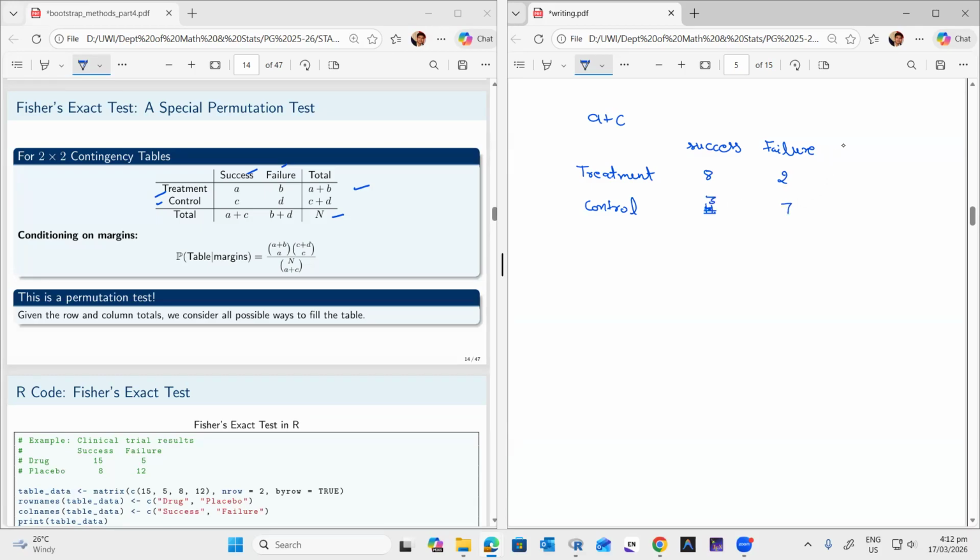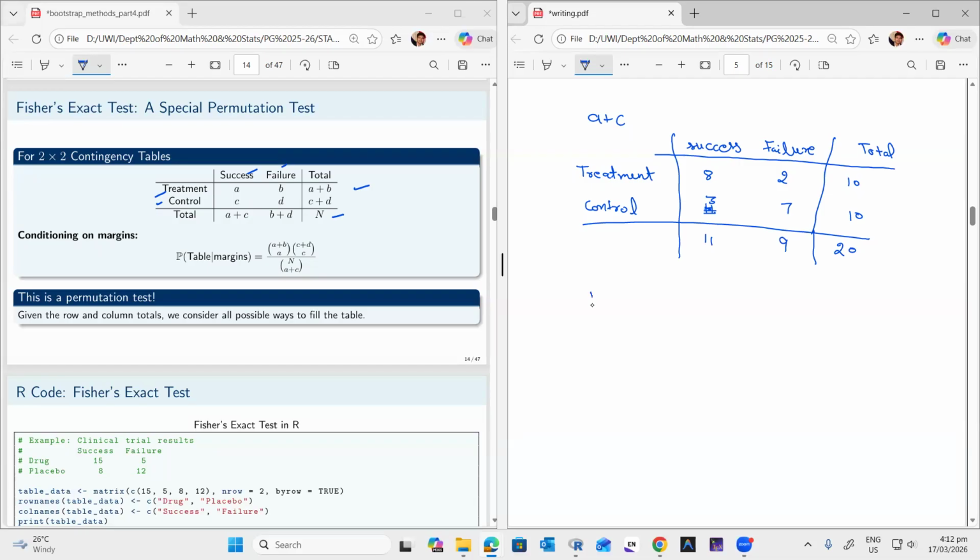The totals are 10 and 10, that is 20 total, with 11 and 9 for the columns, right?